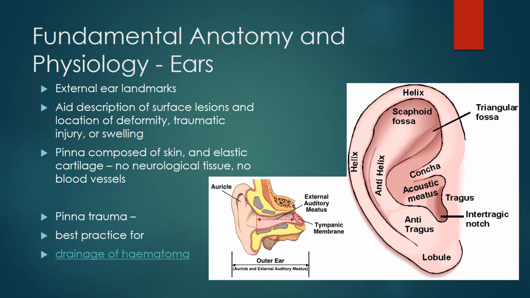For example, if there's infection of the cartilage or the overlying structures around the cartilage that makes up the pinna, then that subsequent inflammatory response will mean that we no longer are able to see some of these landmarks. That's the same with traumatic injury.